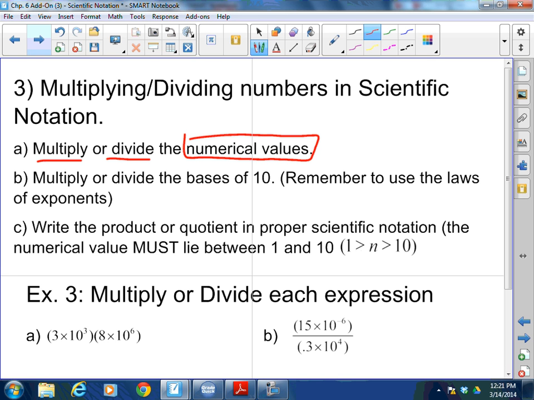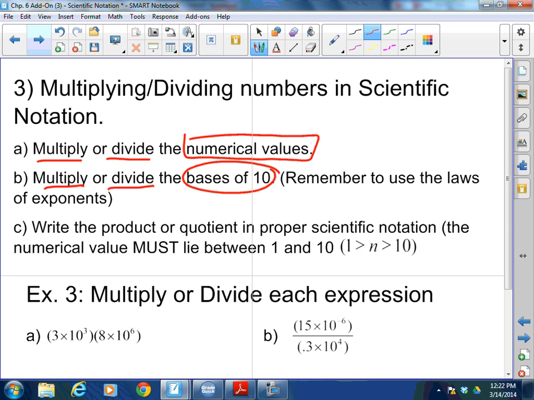The numbers, multiply them or divide them by themselves first. Second, multiply or divide the bases of 10. Remember to use the law of exponents. Remember that when you multiply the same base, you add the exponents. Remember that when you divide the same base, you subtract the exponents.